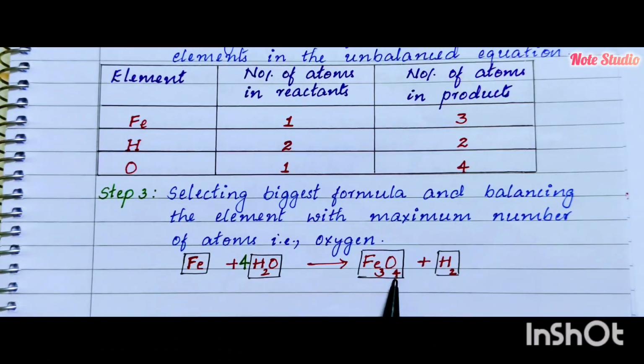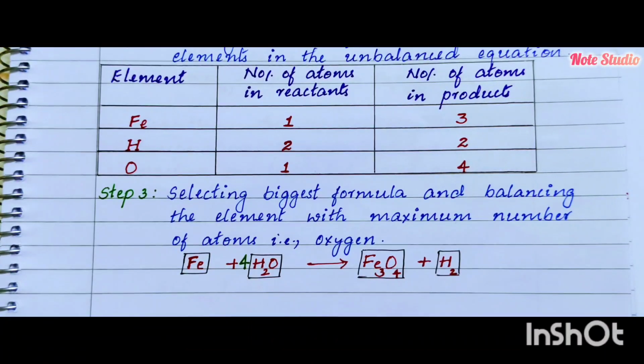In the product side, the number of oxygen atoms is already more, correct? Do we have to write any extra number here? No need, it is already more in the product side. Now we have to balance the reactant side.